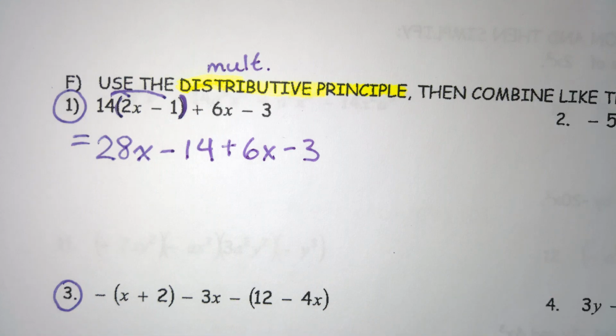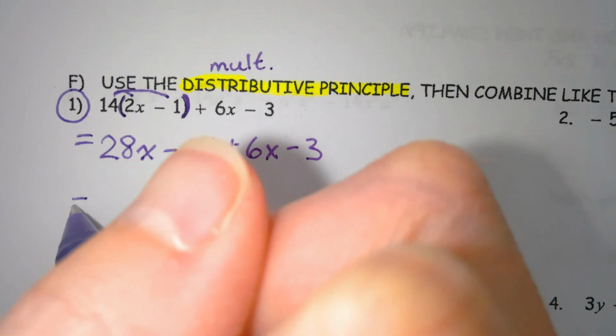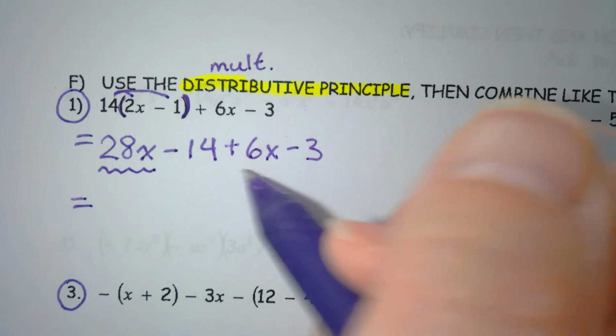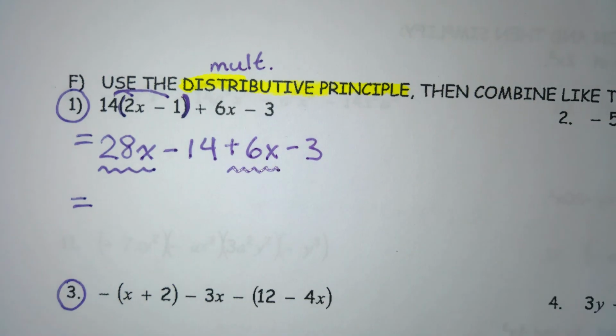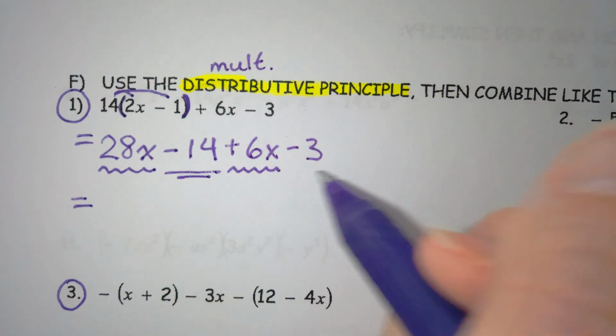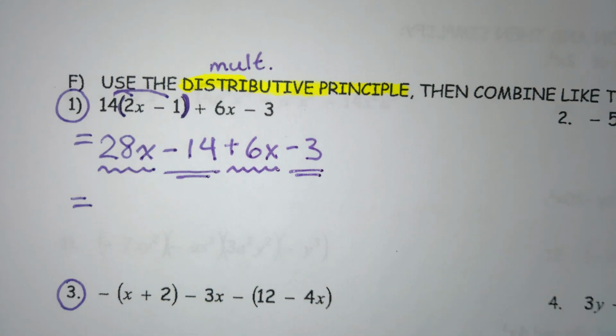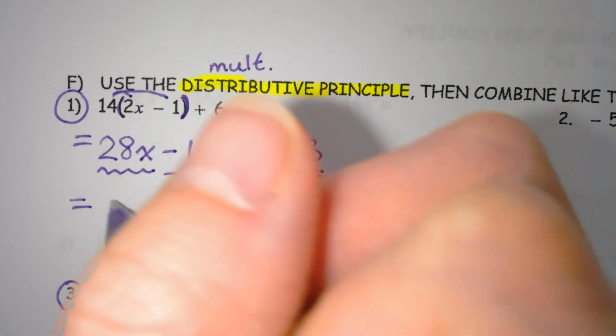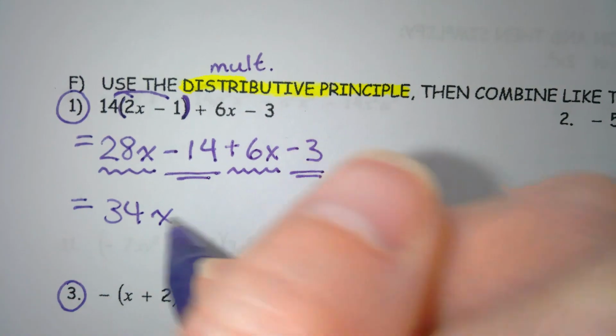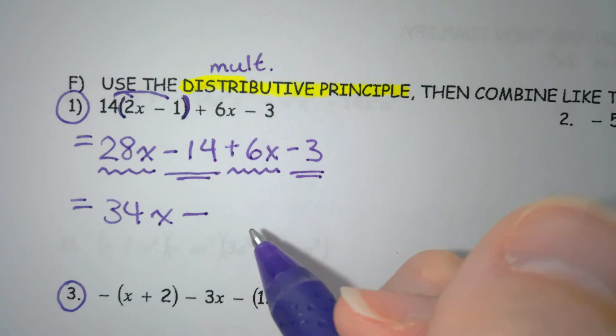Okay. Obviously, I'm not done the question. One more step to it. Okay, 28x, 6x. These are like terms, so I can combine them together. And then these two numbers, I can combine them together. So who has a final answer for me? Jaden, minus 17.